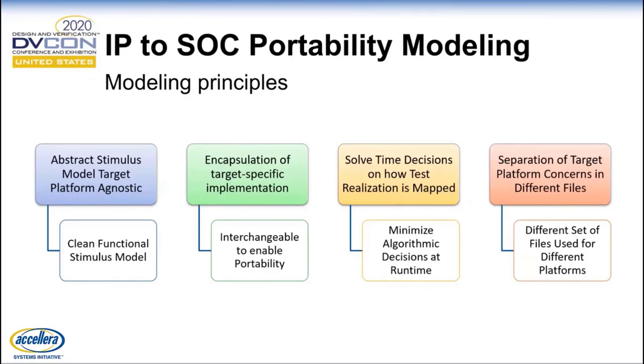And we want a separation of target platform concerns in different files. So you will put a package together, you will put a list of files that are targeting a specific platform and another list of files targeting another platform. And as mentioned, aspects for the specific platform will be in one group of files, and the aspects for another platform will be in a different group of files.